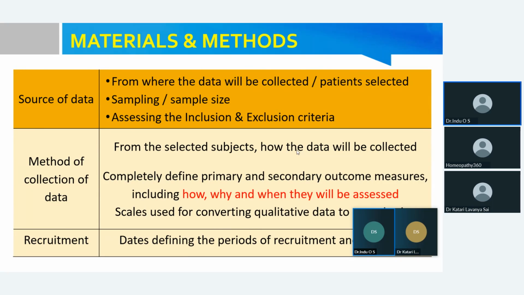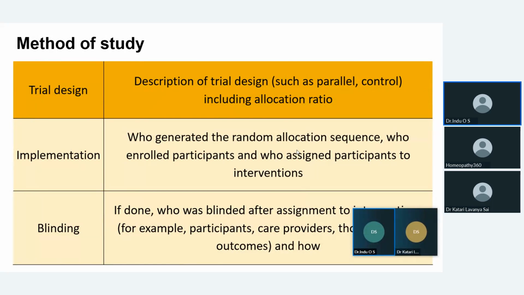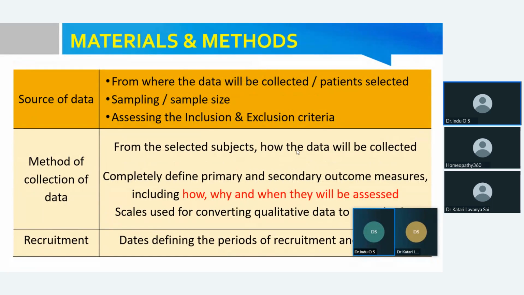Then inclusion and exclusion criteria. Inclusion and exclusion criteria will make our research more clear and more specific. Suppose you are doing a clinical study on simple myopia only. For inclusion criteria, suppose we mention the age group in the title, 5 to 15 years of age group. That is the population. So in the inclusion, we'll write all sexes between 5 and 15 years of age.